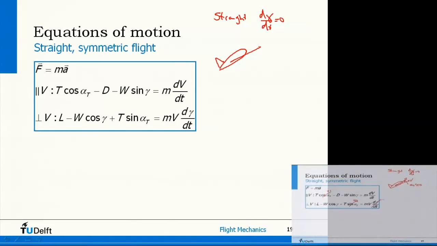I've already said this becomes 0. And then if you consider climbing flight, if you look at normal aircraft, typically speaking, you wouldn't be climbing at more than 15 degrees up or down.